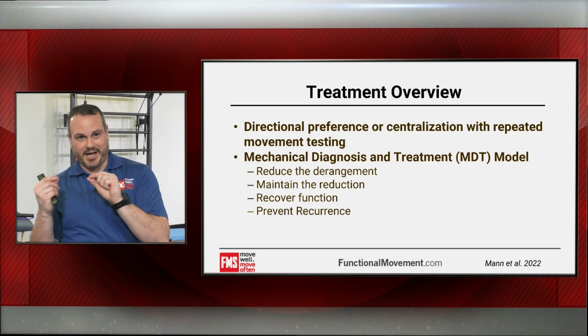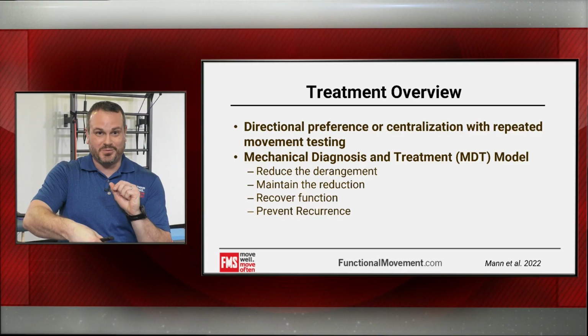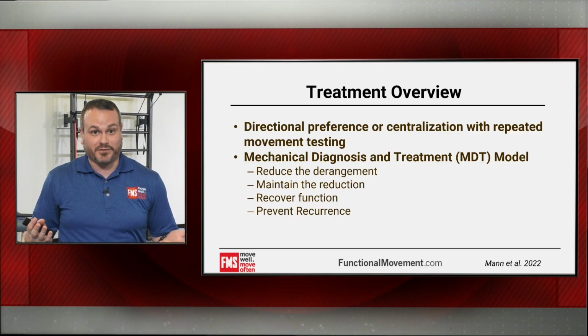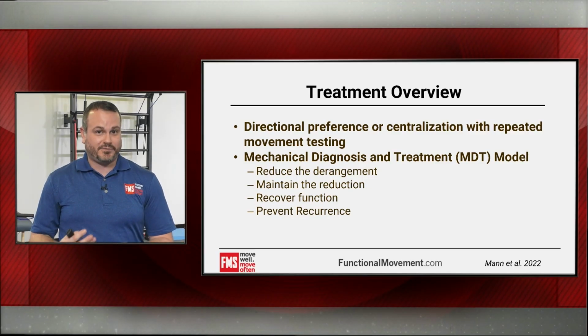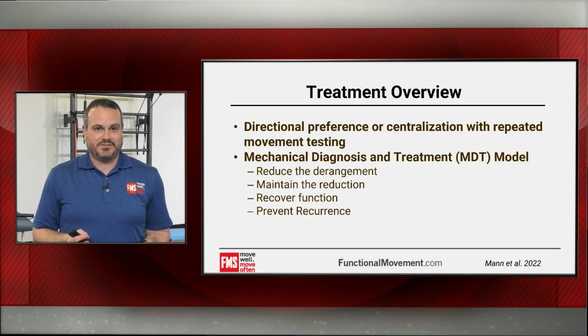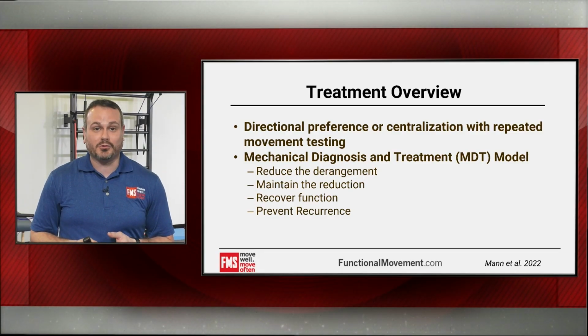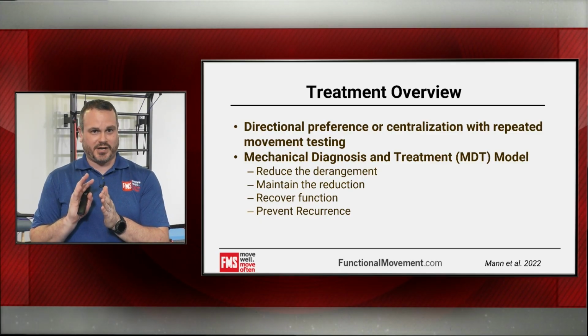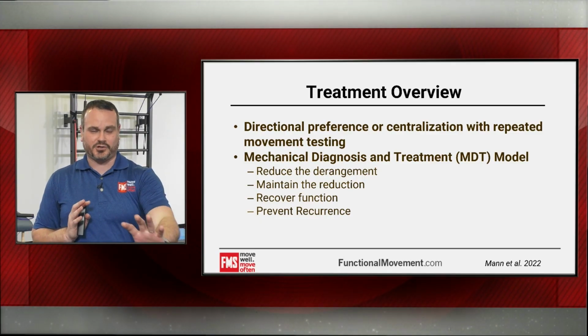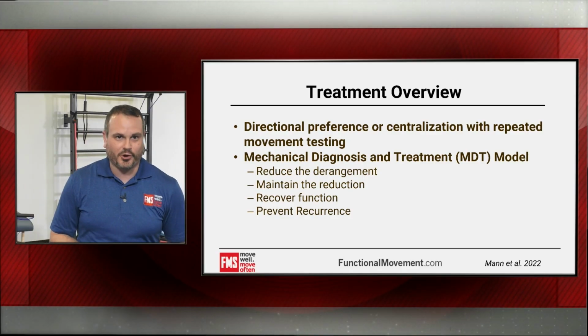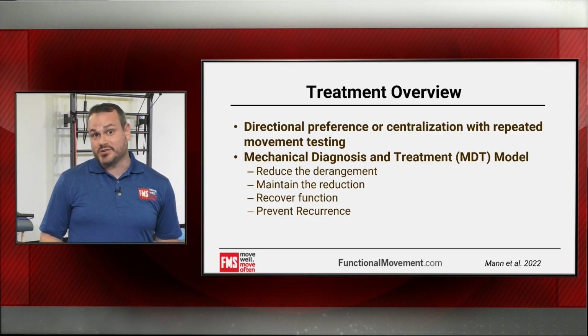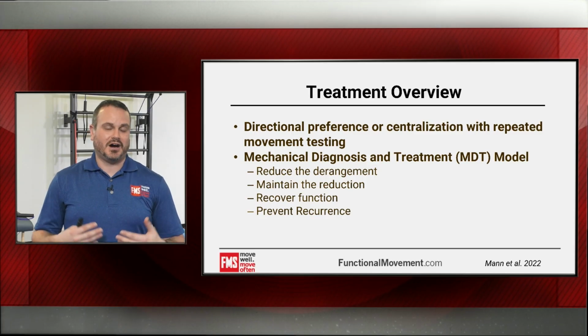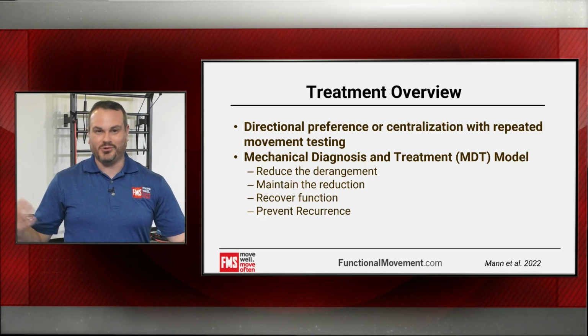Well, at some point we need to actually start going back into the provocative position, which in this case would be flexion, and actually start working into that flexion, because we don't expect that someone is never going to be able to go into that direction ever again, right? So at some point you'll reverse that direction and as you start to recover function, and then preventing recurrence, obviously setting the patient up for success so that they don't just come back with another issue a month down the road.